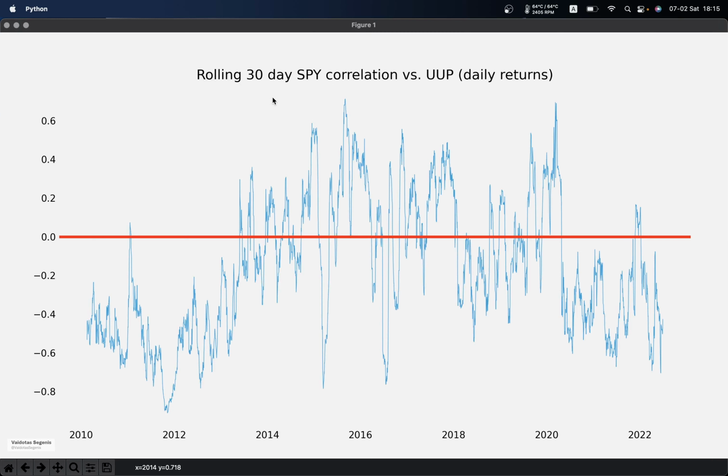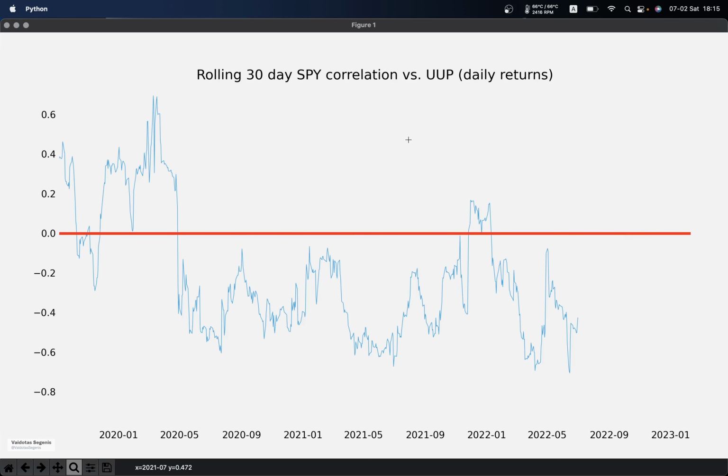It's a rolling 30-day SPY correlation versus UUP, on daily returns. If we zoom in a little, let's say from 2020, you see that those correlations are negative most of the time, but the last time it was positive was approximately January of 2022.